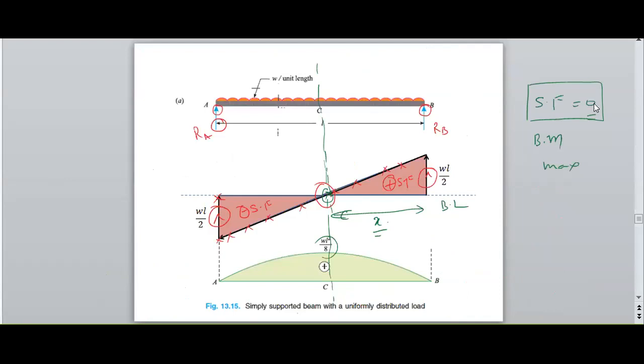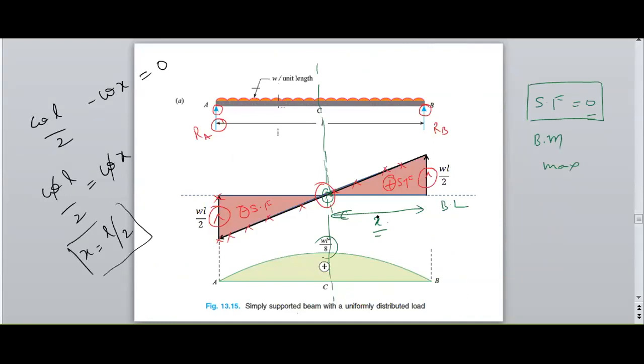The shear force equation is WL by 2 minus w into X is equal to 0. Therefore, WL by 2 is equal to small w into X. w will be cancelled, and X will be L by 2. The section C will be at a distance of L by 2.